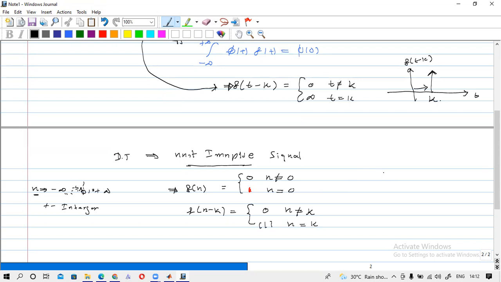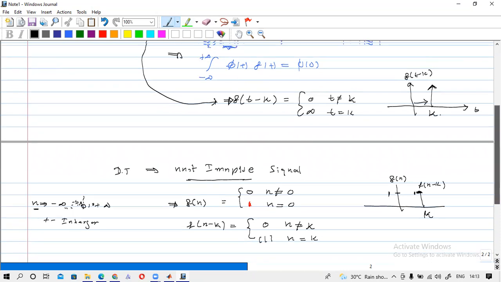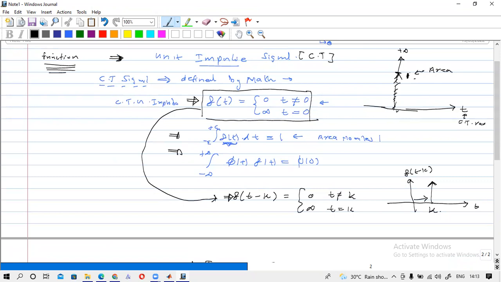No. So if you plot this, you will get 1 for delta n, and again 1 for delta n minus k, at k. So this 1 is the y-axis value.